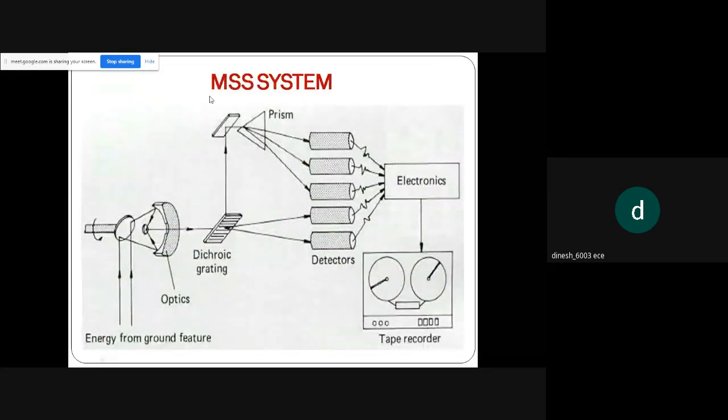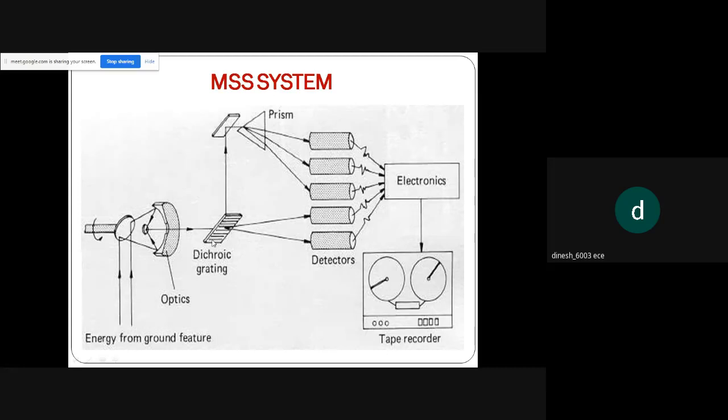So this is a simple multispectral scanner system which uses energy drawn from the ground surface that falls on the oscillating mirror. That oscillating mirror is focused towards the optics.